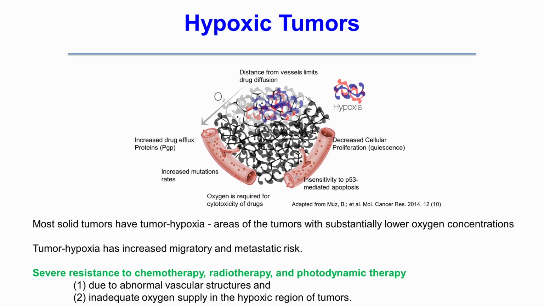This makes those cells very resistant to therapy, and most cancer remissions are due to this inability to kill those hypoxic cells.